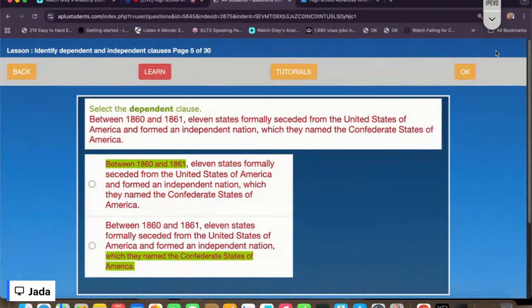Dependent clause. Between 1860 and 1861, 11 states formally seceded from the United States of America and formed an independent nation, which they named the Confederate States of America.